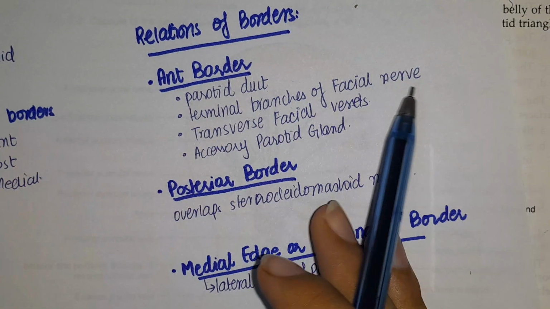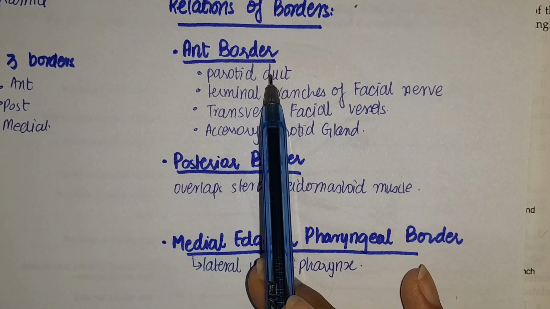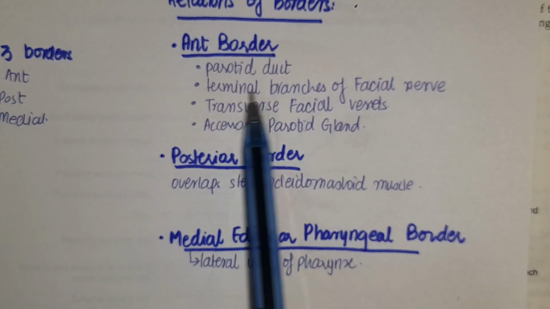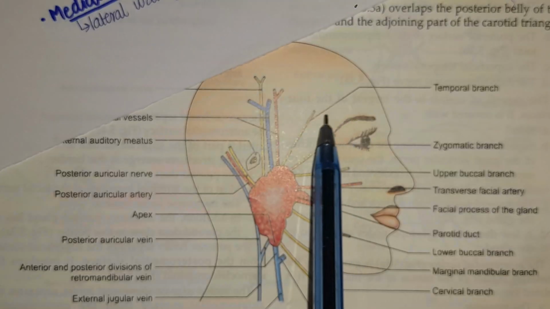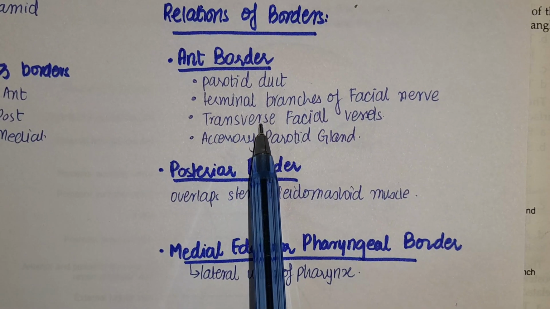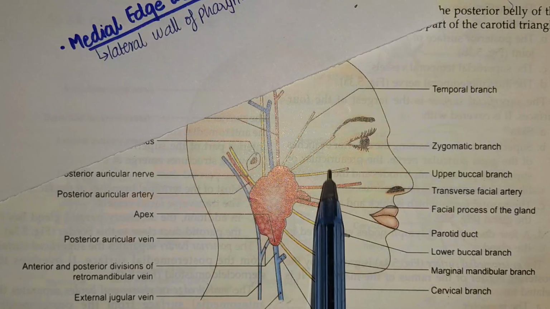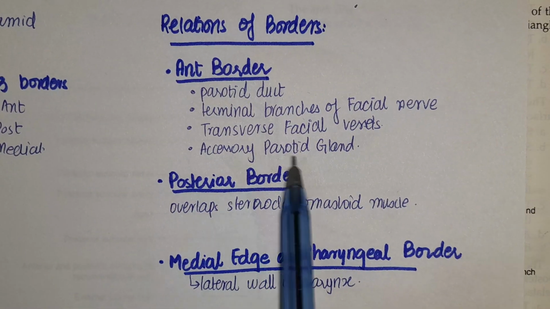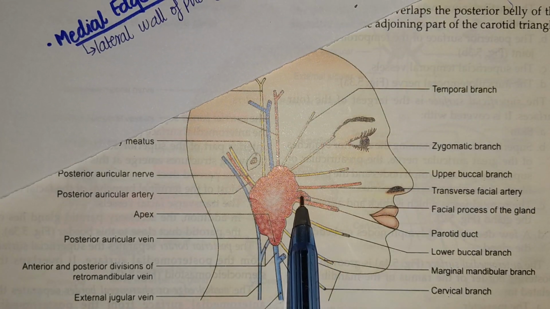So 4 things, all of them have been covered. First thing, parotid duct. Here is the parotid duct. The terminal branches of the facial nerve, all the 5 branches, the yellow ones, have been covered. Then the transverse facial vessels, the one in red, have been covered. Then the accessory parotid gland, this accessory portion of the parotid gland, has also been covered.